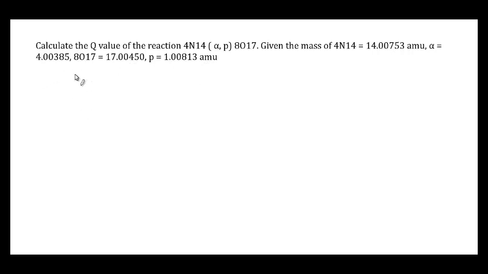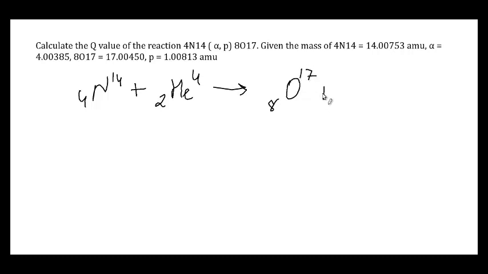The nuclear reaction would be 7N14 plus 2He4 gives oxygen 8O17 plus a proton plus some energy in terms of Q, which is what we have to determine.